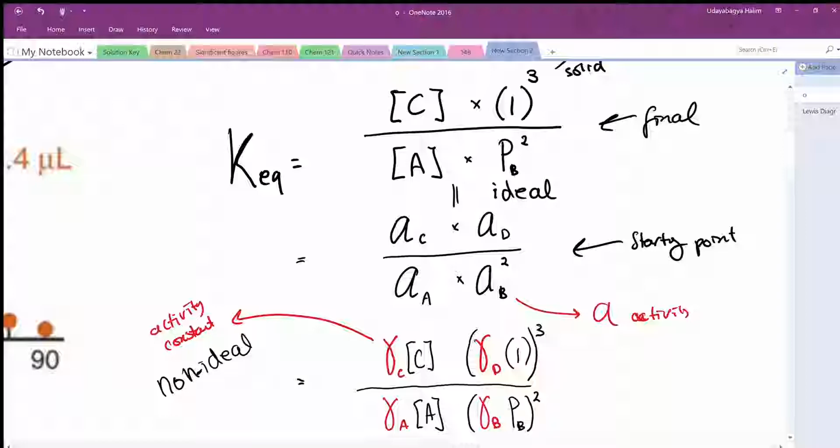Most of the time, it's going to be pretty close to ideal, but once your solution becomes much more ionic, which is why you have to calculate the ionic strength and so on, this non-ideality term goes way, way up. So it becomes pretty big. It's just our way to sneak in a correction factor all over the place.